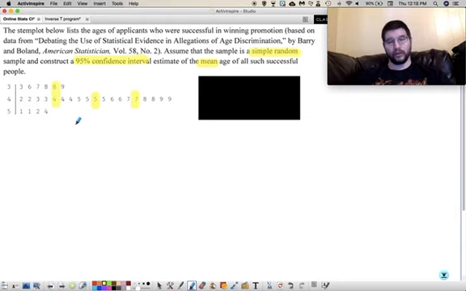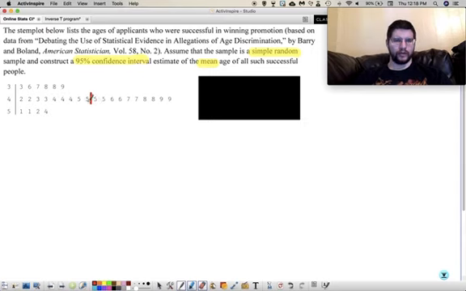So we have to see, is this normally distributed? Well, it doesn't say it is, but we can look. And if it's asking you the problem, it's going to be normally distributed. Let's see, where's our mode? Right here. 45 is our mode. It occurs 4 times.